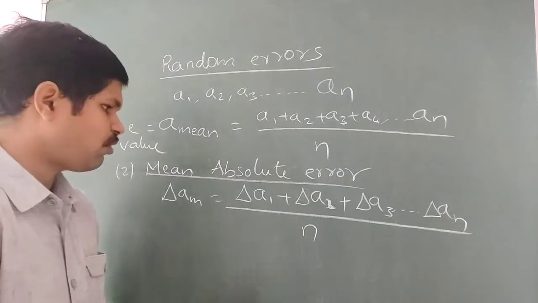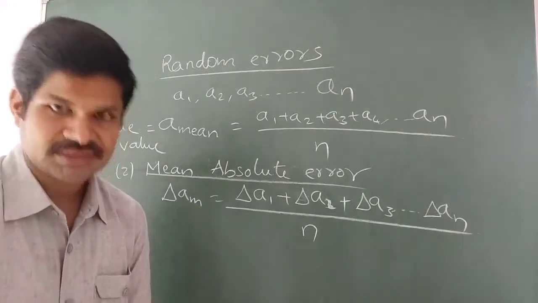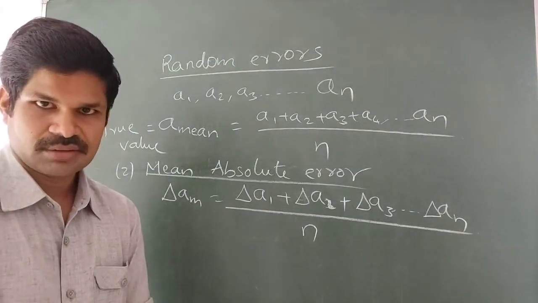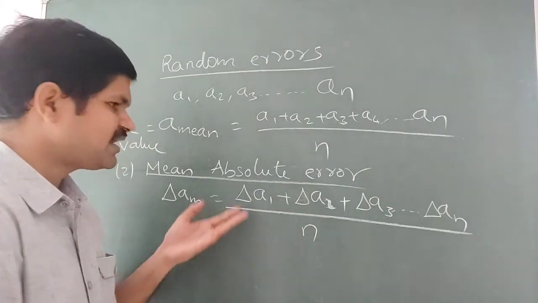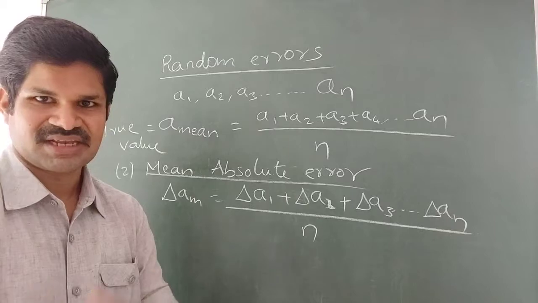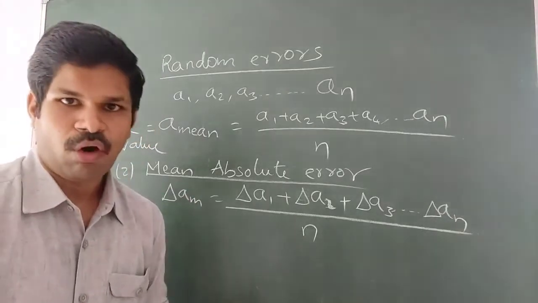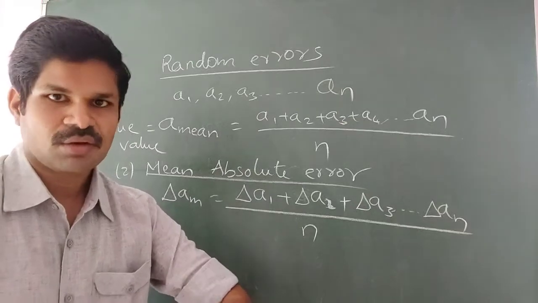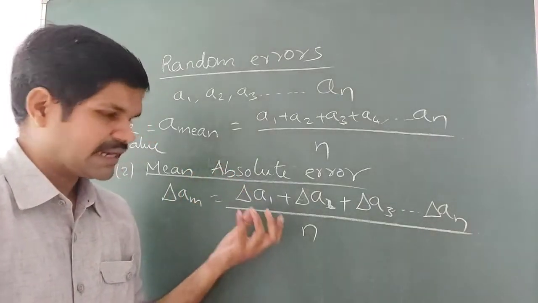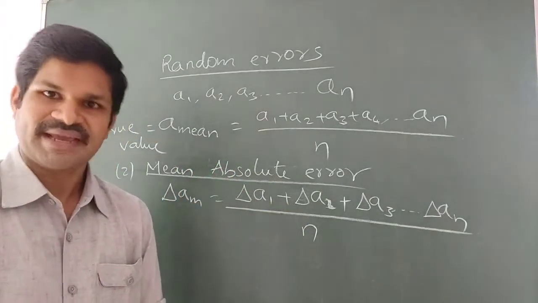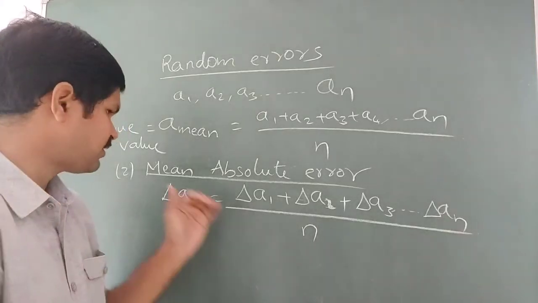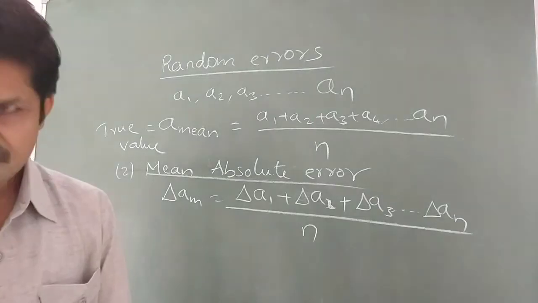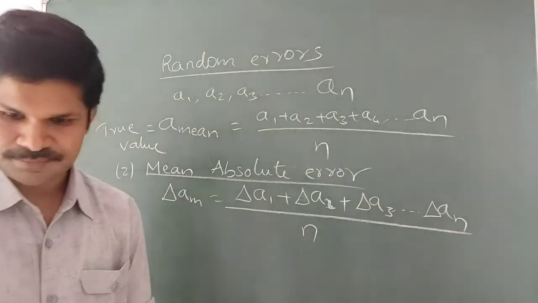The average of all the absolute errors in a particular experiment is called mean absolute error. That means it is an arithmetic mean of all the absolute errors of the observations calculated in a particular experiment. So this was the second category.